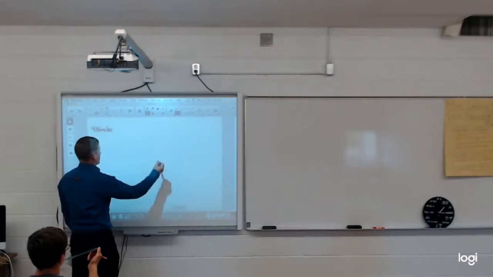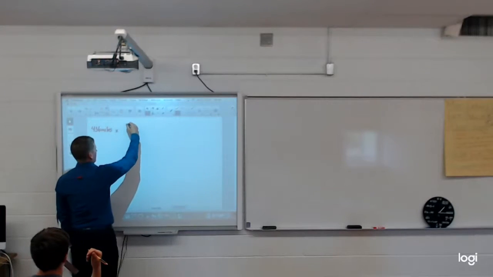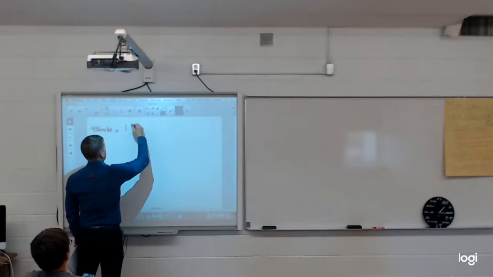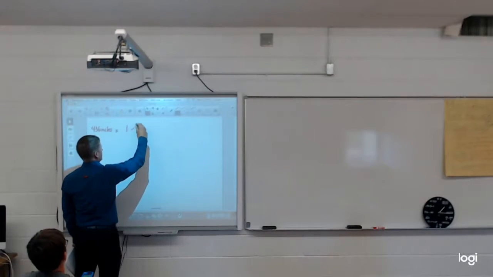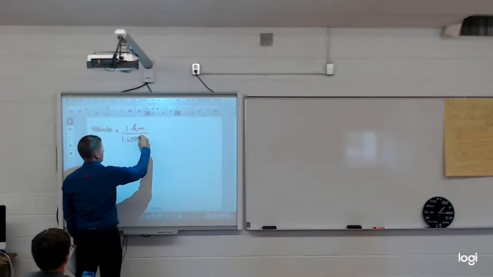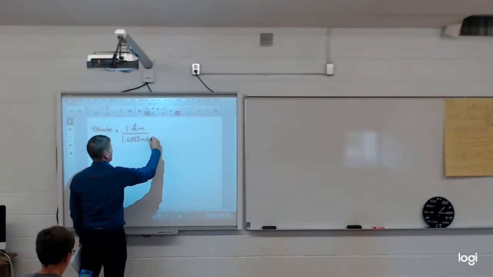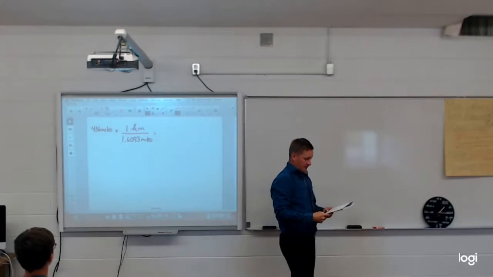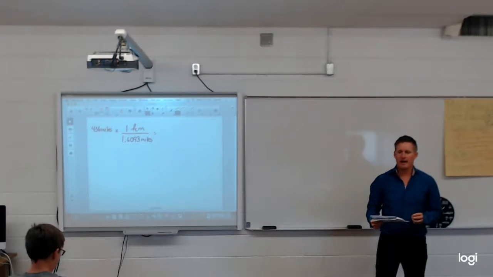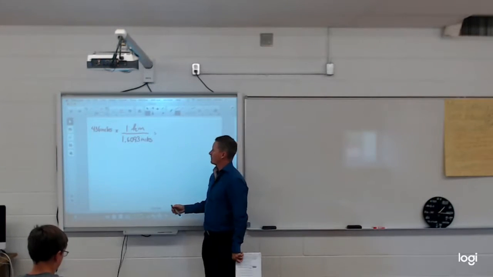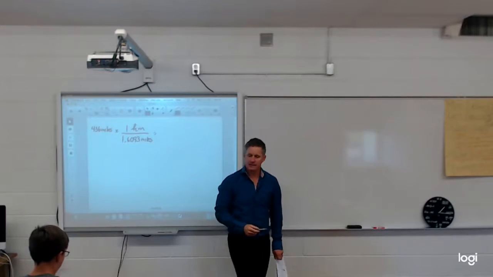So we are going to use 1 kilometer, 1.6093 miles. Okay, you can write that one at the top of your page. We're going to be a lot more accurate than what the sheet is telling us. The sheet says do 1.61, but I want to do this.